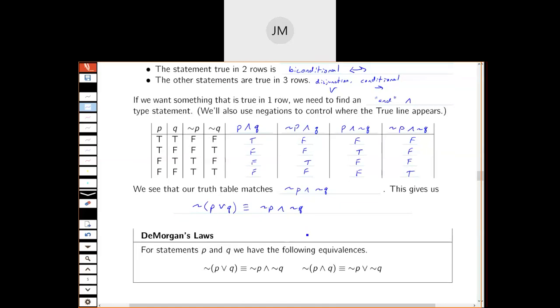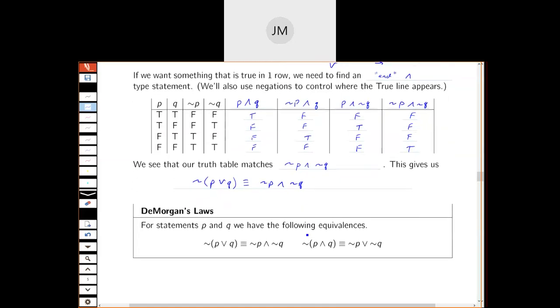All right. So this is one of the two equivalencies that is De Morgan's laws. So here's De Morgan's laws. For two statements P and Q, we have the following equivalencies. The first one we just came up with: not P or Q is equivalent to not P and not Q. The second equivalency is if we just flip things.